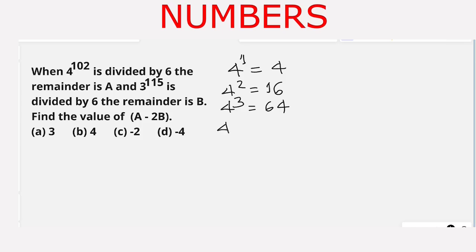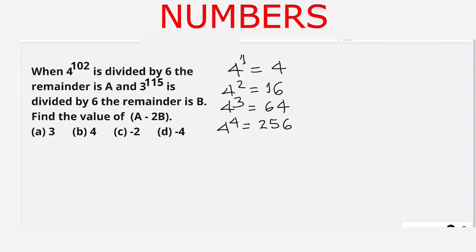And 4 to the power 4 is 256, and 256 when divided by 6, 6 times 4 is 24, 25 minus 24 is 1, we carry 6, and 16, and 6 times 2 is 12, and 16 minus 12 is 4, so the remainder is again 4. This way, whatever may be the power of 4 when divided by 6, it always leaves the remainder 4.